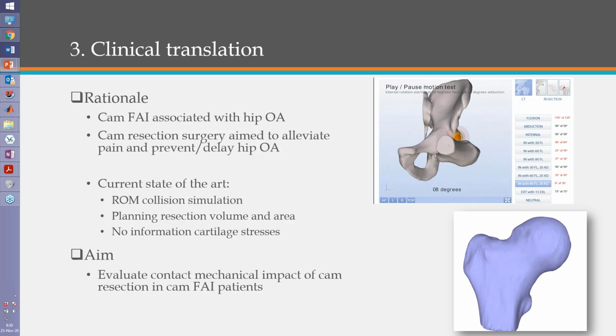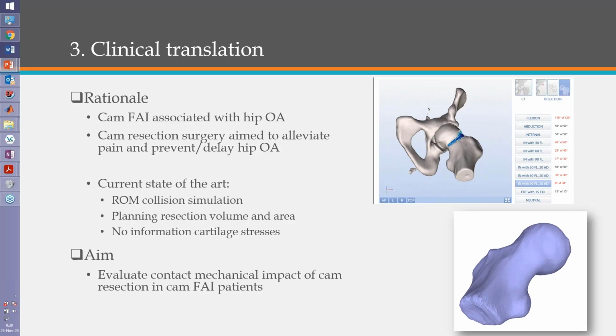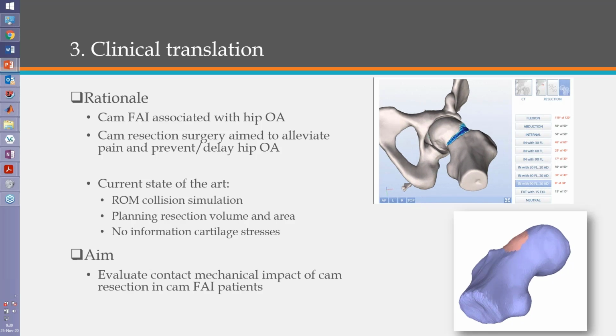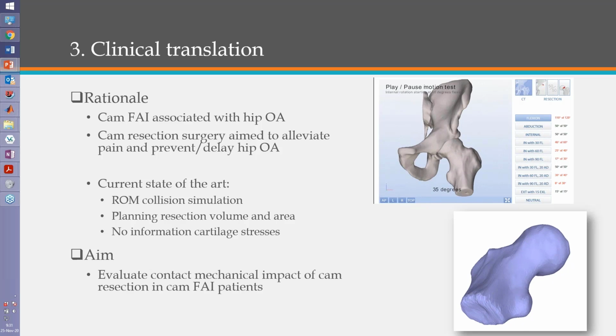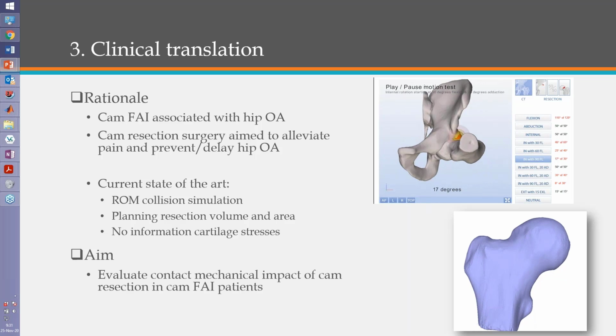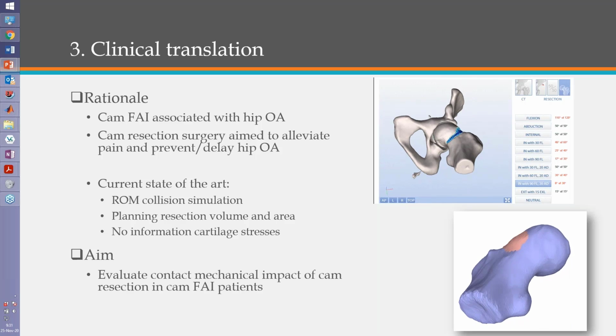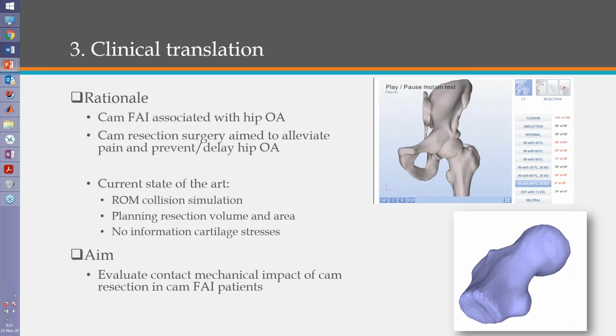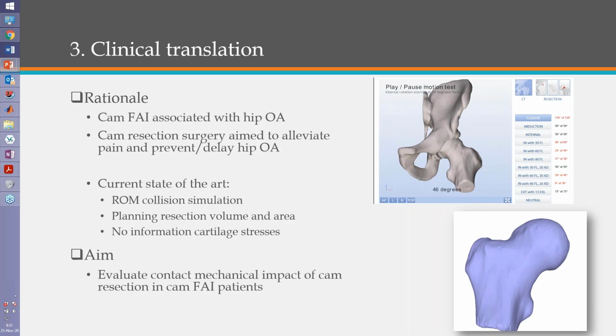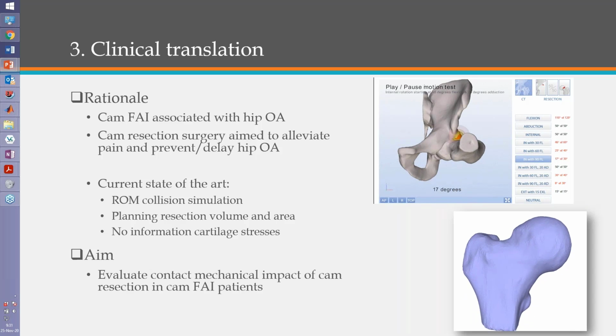We wanted to look into the effects of CAM FAI surgery, because we know that the resection of the proximal femoral bump, or the CAM, is something that is already being performed in open or arthroscopic surgery. The aim of that surgery is to get rid of the mechanical conflict as well as prevent hip osteoarthritis, or at least delay it.